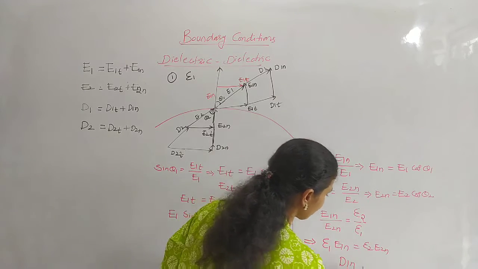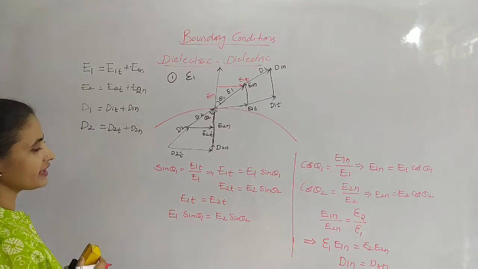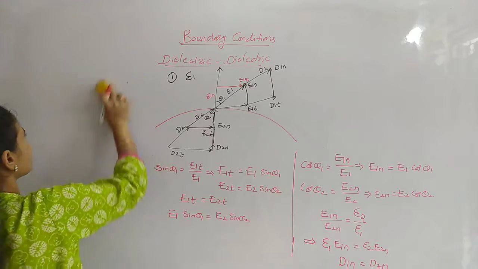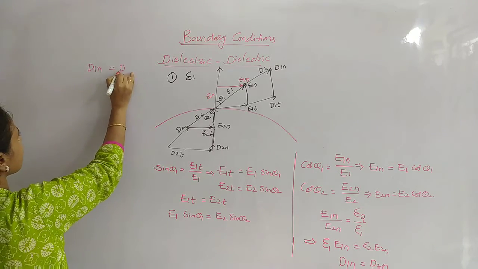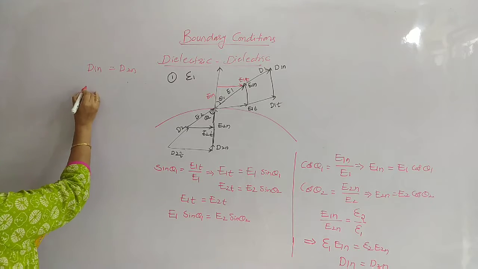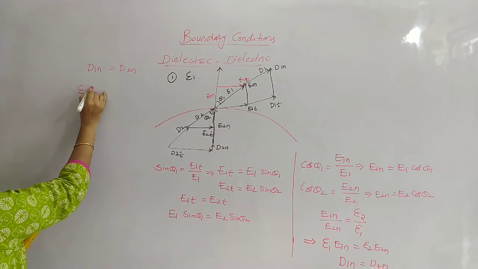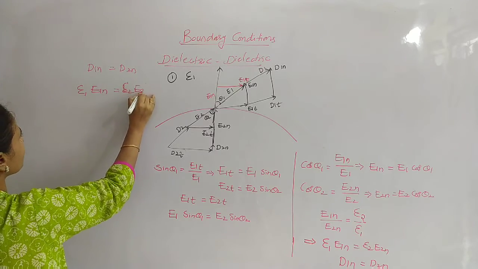D1n is equal to D2n. Since D1n is the same as D2n as a boundary condition between two dielectric mediums, D1n is epsilon 1 E1n, which is epsilon 2 E2n.